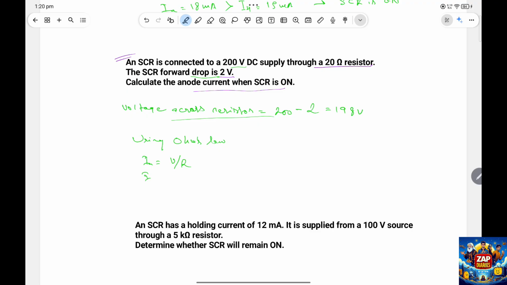We have voltage as 198 and the resistance we have is 20 ohms. From here we get IA equals 9.9 amps. Okay, so the anode current is 9.9 amps.